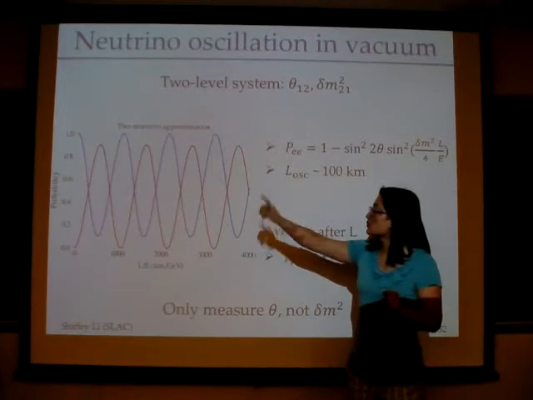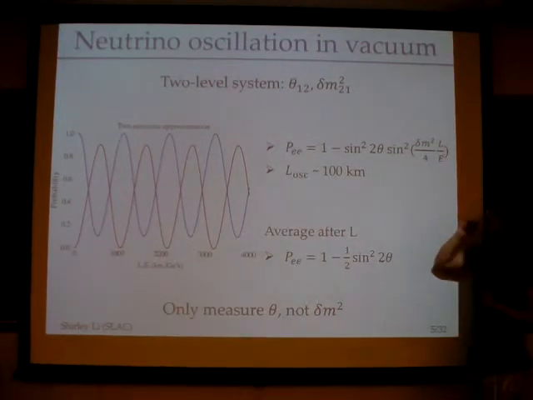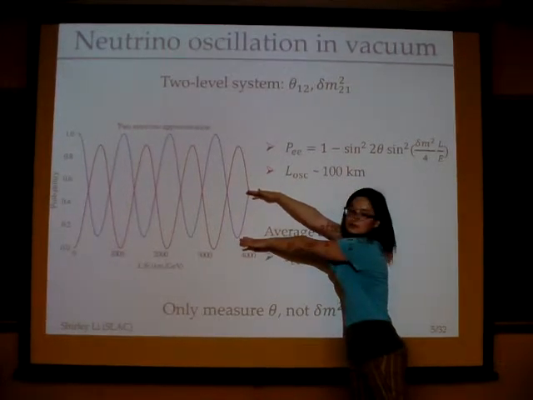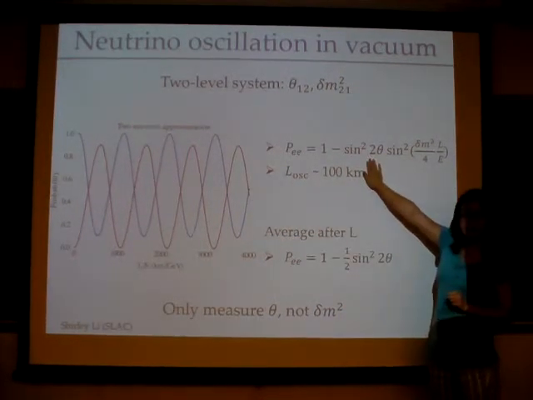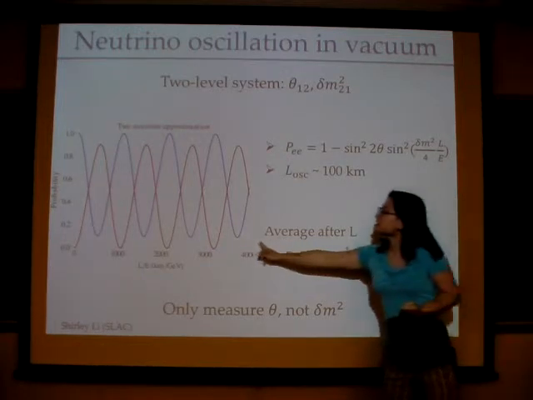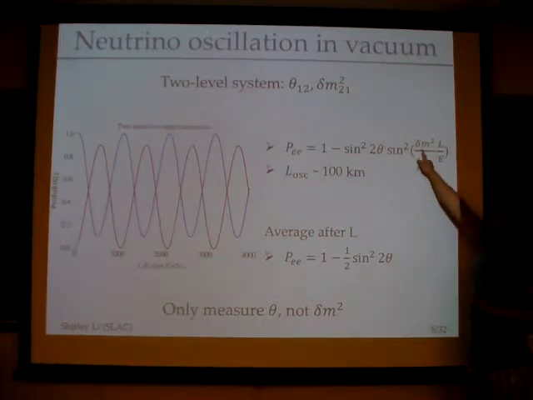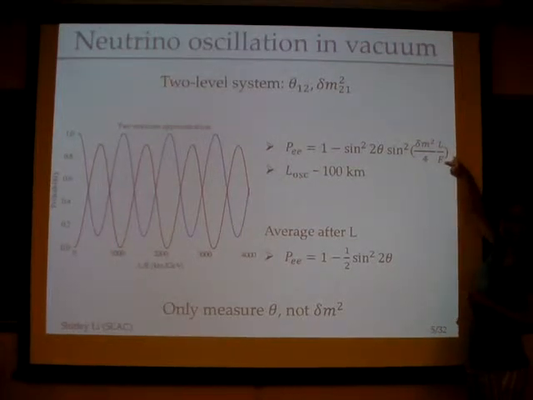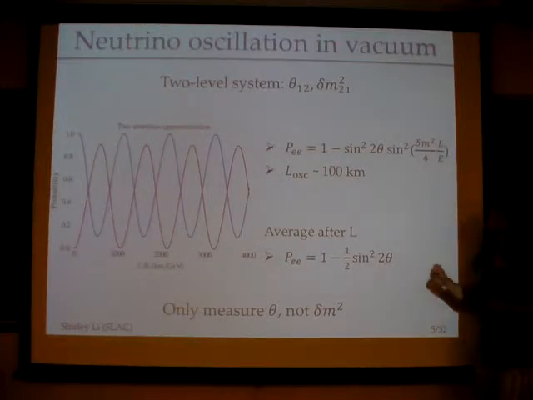And you see a normal sine function. Two things I want to point out. This pattern, this amplitude, is controlled by the angle. And the phase of this oscillation is controlled by delta m squared, together with the quantity L over E, the neutrino baseline over the neutrino energy. So this is the pattern.